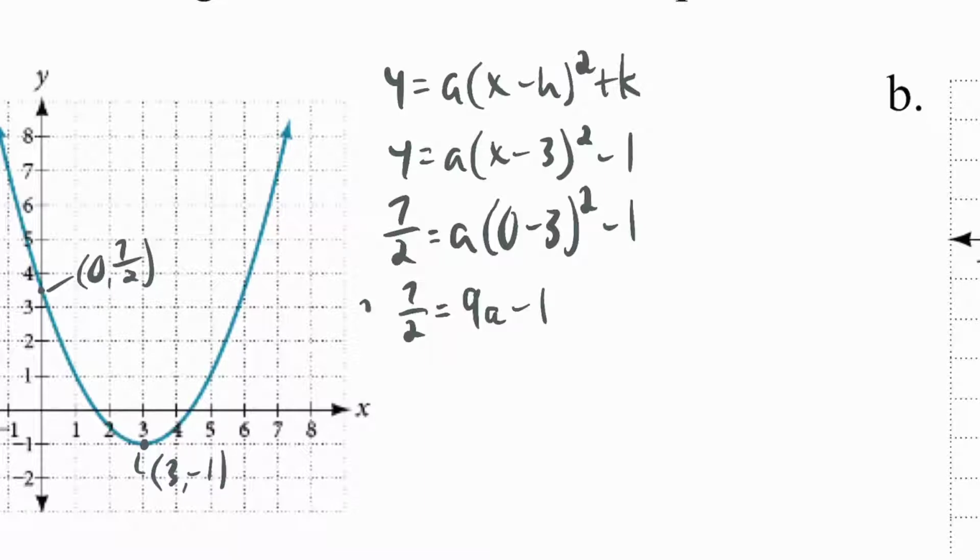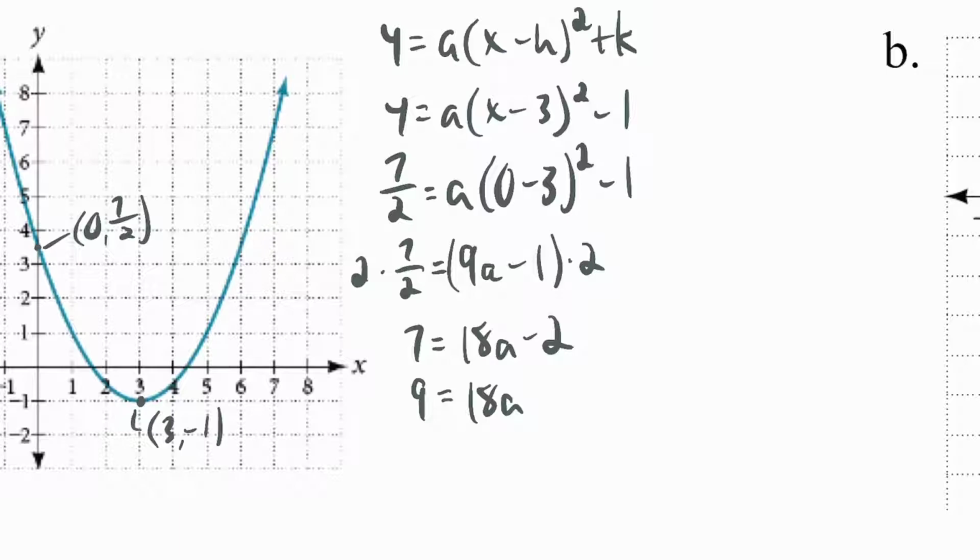So I'm going to start by clearing fractions, just because typically that is the more efficient way to do things. Then I will add 2 to both sides, and you'll see why I hesitated. It kind of becomes redundant because I end up having to do a fraction anyway, but more importantly, that fraction reduces in a really nice way. So if I divide by 18, I'll get 9 over 18, which is 1/2, equals a.